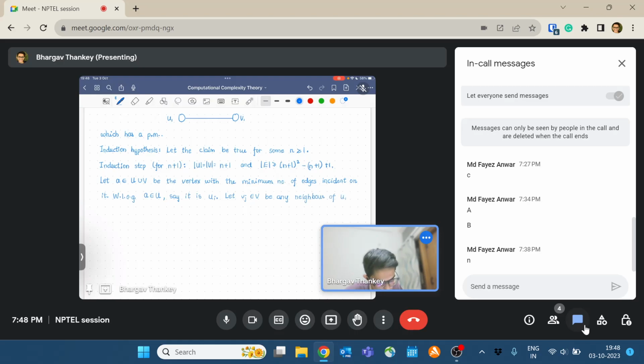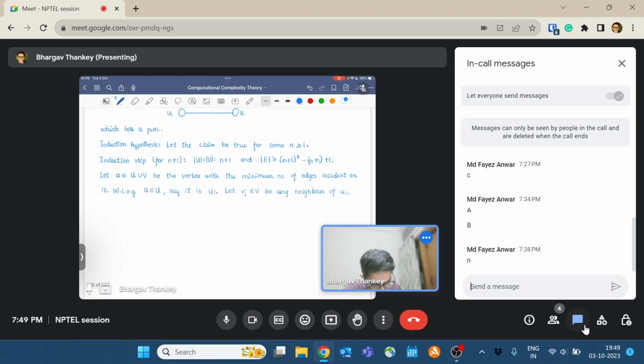So let Vj be any neighbor of Ui. We'll add the edge Ui comma Vj to the matching. And we want to extend this matching to a perfect matching.